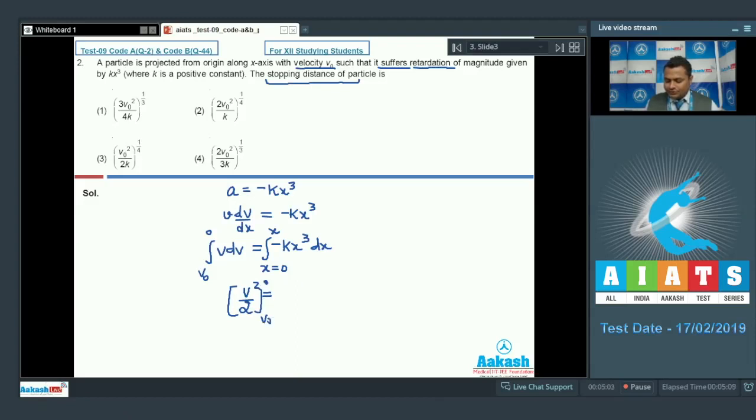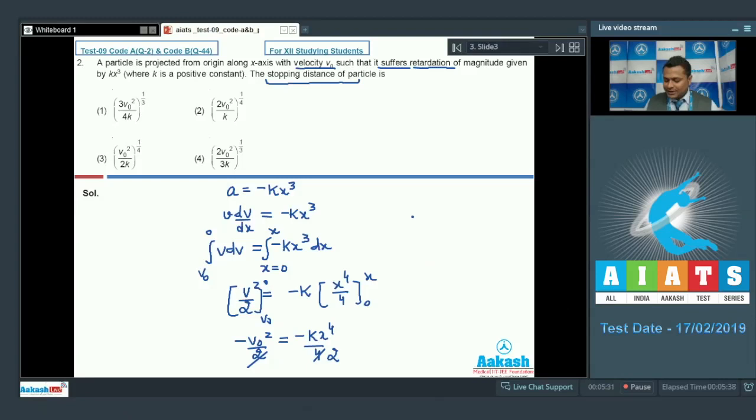with limits v0 to 0, equals minus k times integration of x cubed, which is given by x to the power 4 divided by 4 with limits 0 to x. Now after solving, we will get minus v0 squared divided by 2 equals minus kx to the power 4 divided by 4.